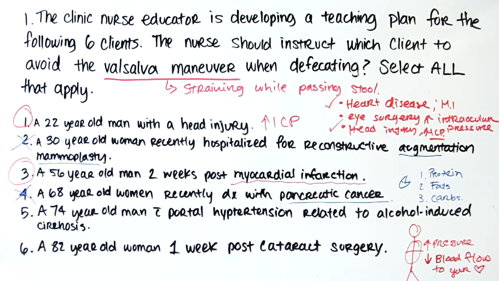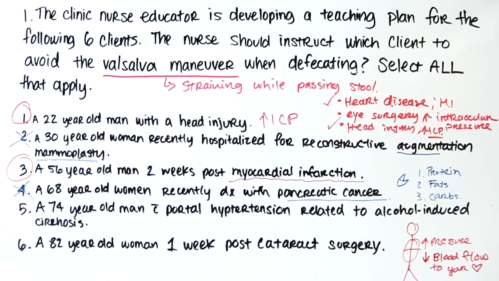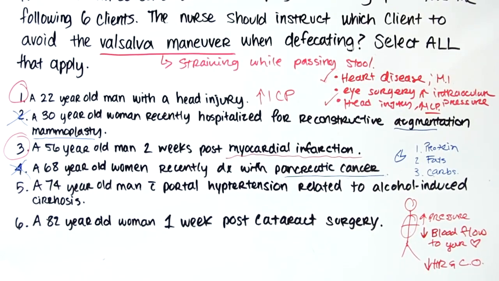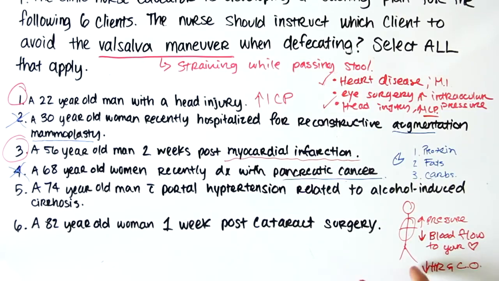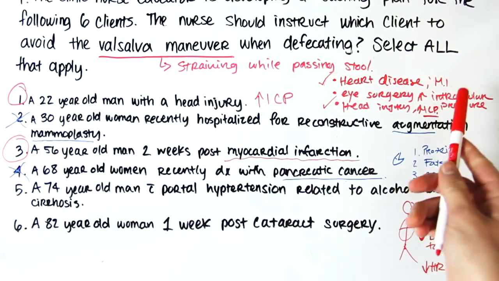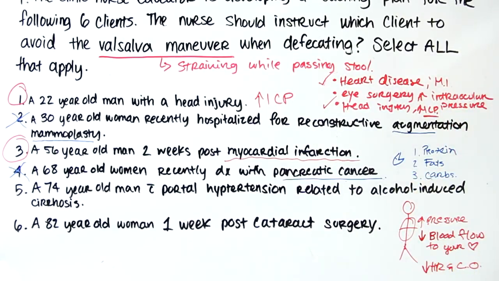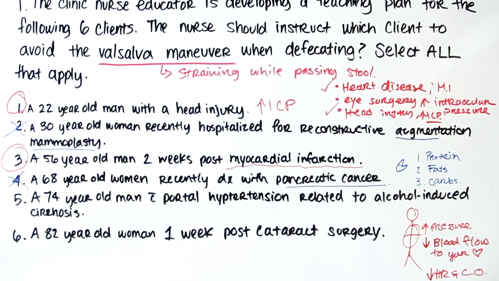And then what temporarily happens is that it decreases your heart rate and cardiac output. You think that that's going to be important? Let me move this board up a little bit, you guys. I'm sorry. You think that that's going to be important with someone that has a MI? Of course it is. So that's why number 3 would definitely be a correct answer. Let me move this down again.